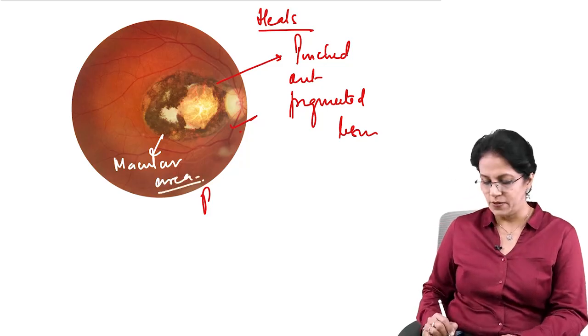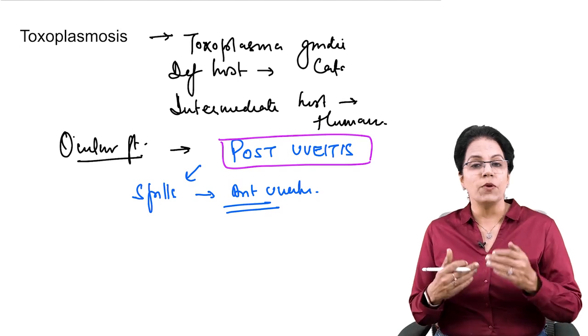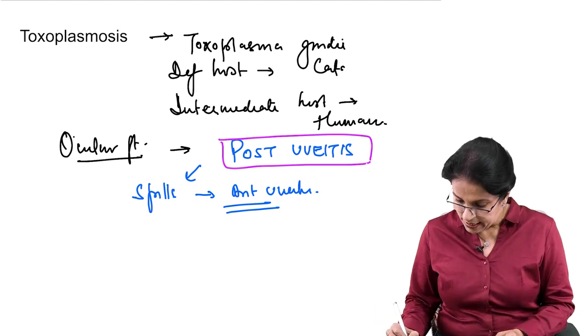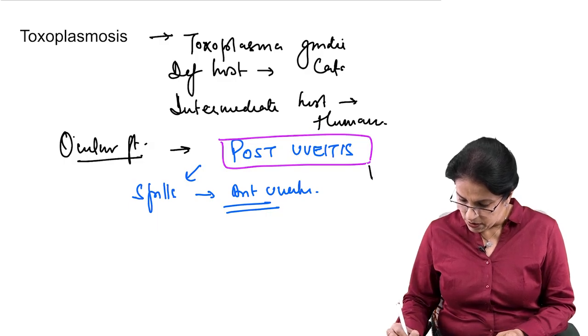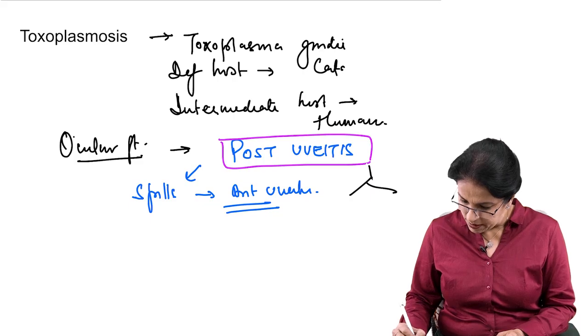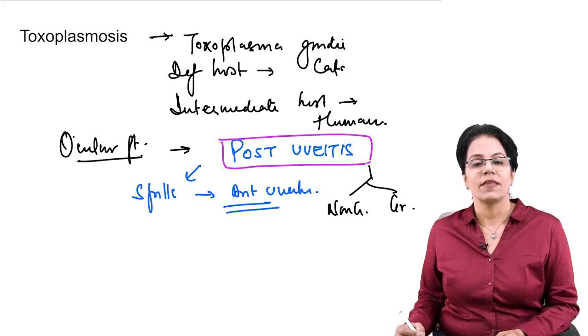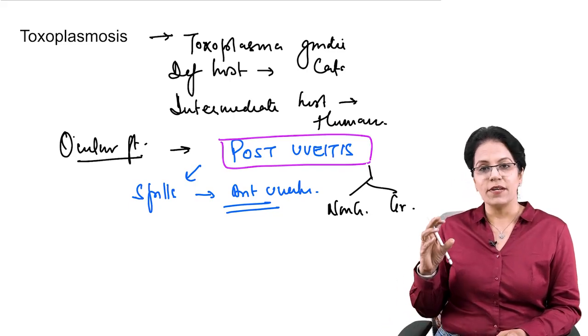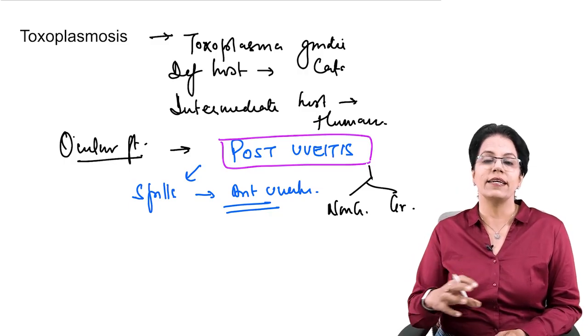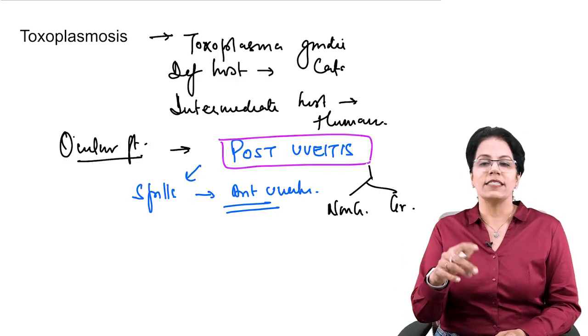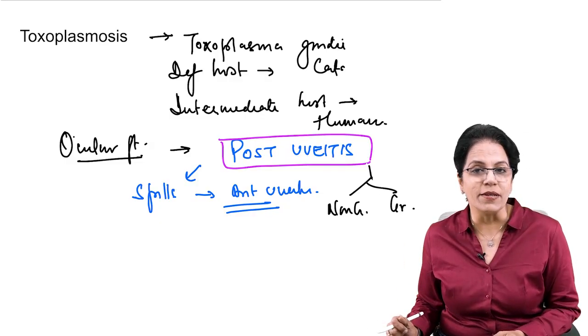We keep this in mind. One more point: this posterior uveitis can be either granulomatous or non-granulomatous. So what we will remember is punched out pigmented lesions mainly at the macular area, and the headlight in fog appearance, where the choroiditis mainly involves the macular area.